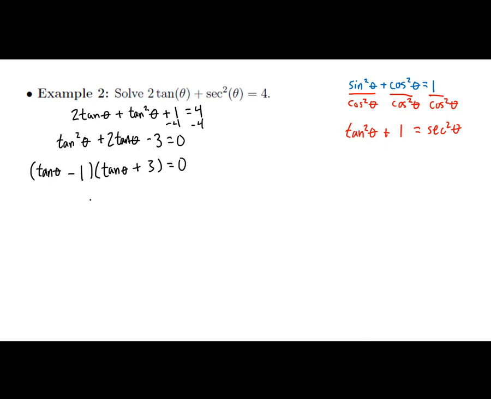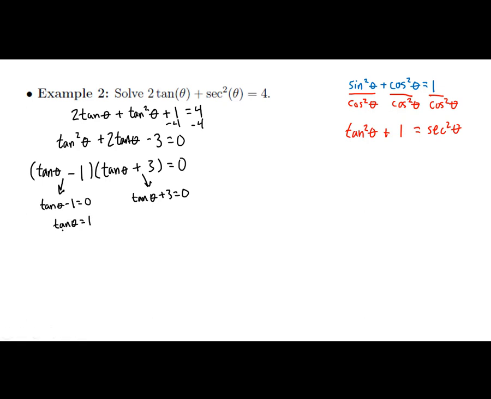So this factorization works. So I've got two different things going on here. The tangent of theta -1 equals 0. And then I've got the tangent of theta plus 3 equals 0. So here the tangent of theta is equal to 1.